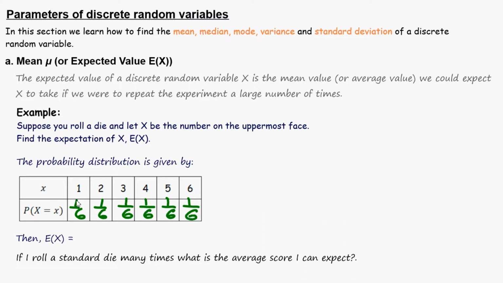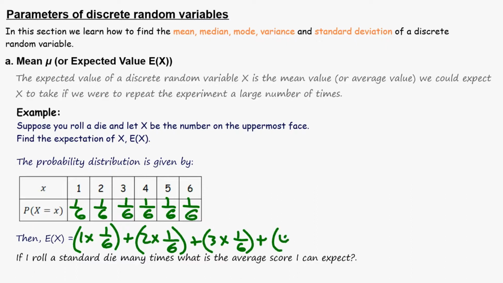And then to find the expected value, we multiply the values that x can take by their corresponding probabilities. So to get the expected value here, we'll have 1 multiplied by 1 over 6, plus 2 multiplied by 1 over 6, plus 3 multiplied by 1 over 6, plus 4 multiplied by 1 over 6, plus 5 multiplied by 1 over 6, plus 6 multiplied by 1 over 6.